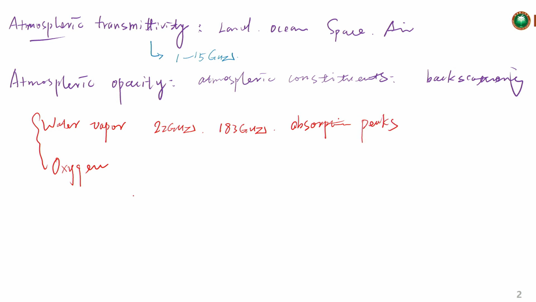And for the oxygen, it has several absorption lines. The first one is in the range of 50 to 70 gigahertz. Another one is 118 gigahertz for the absorption peaks.